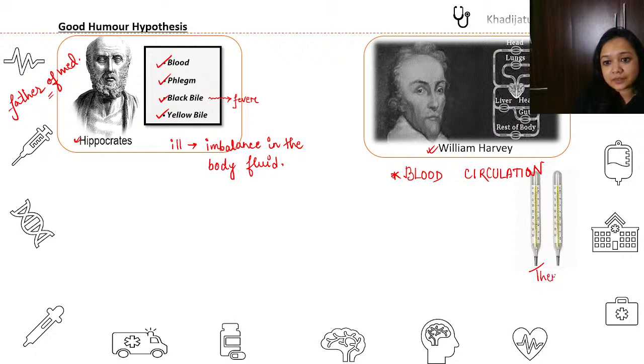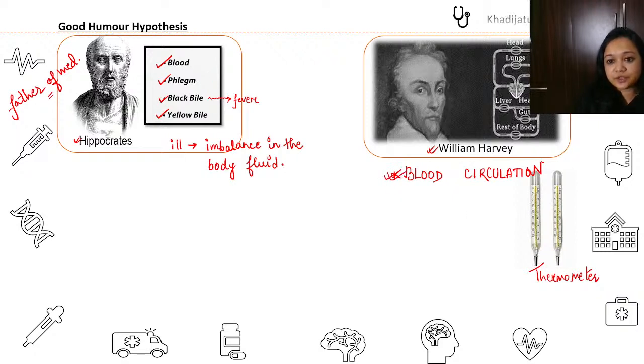Okay, thermometer. And he said that, hey, even when a person has an excess of black bile, if you measure his body temperature, he will have the normal body temperature like any other person. So it is not an imbalance of these body fluids. And we have blood circulation in our body.